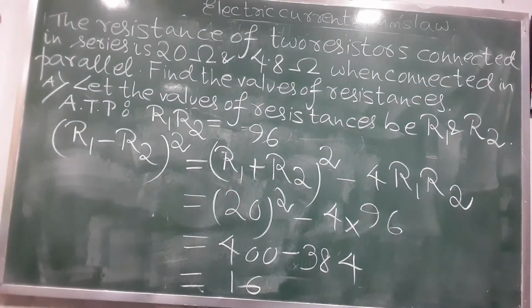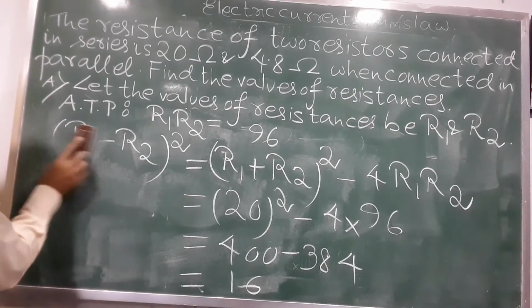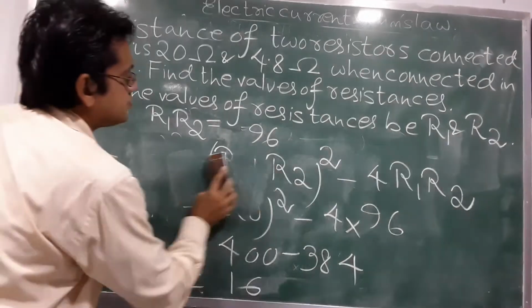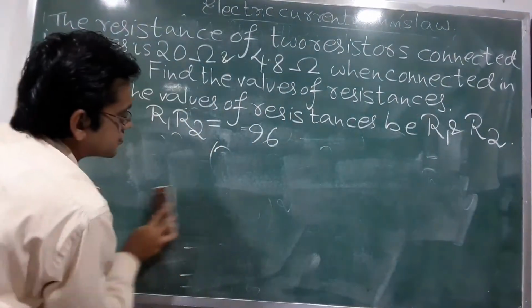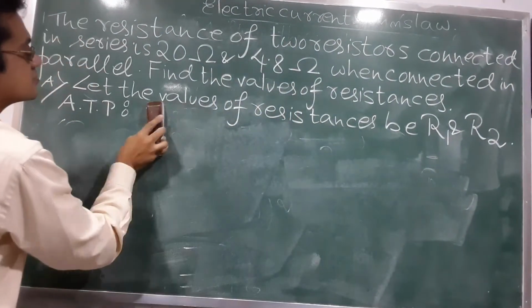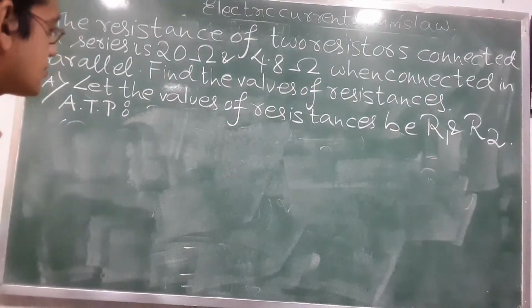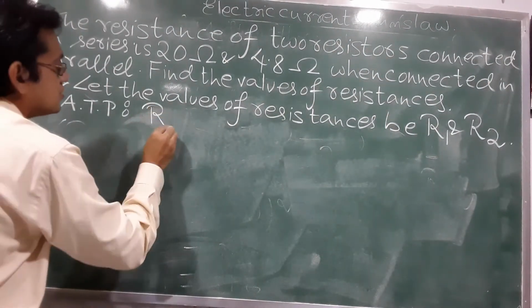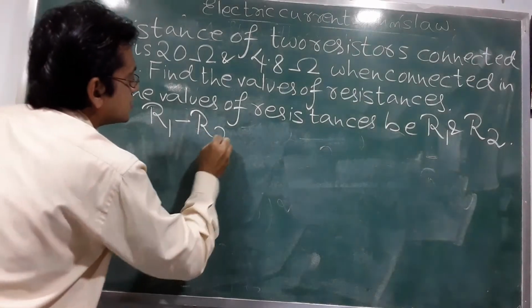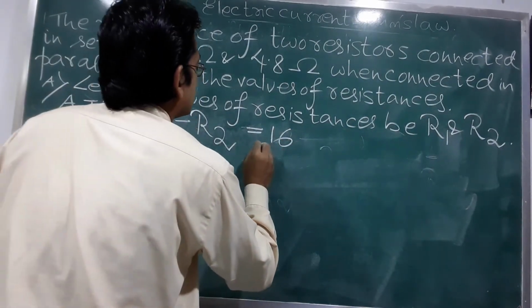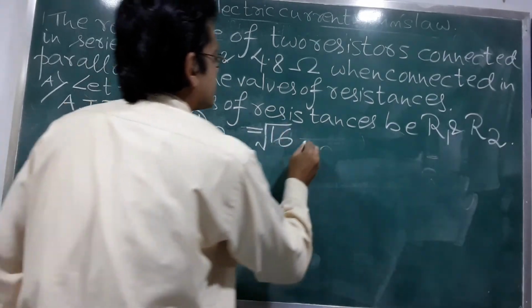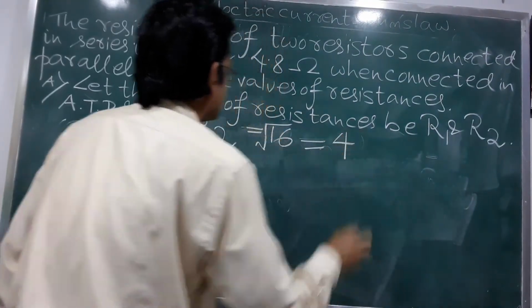So copy this down. R1 minus R2 equal to square root of 16 will give you 4.